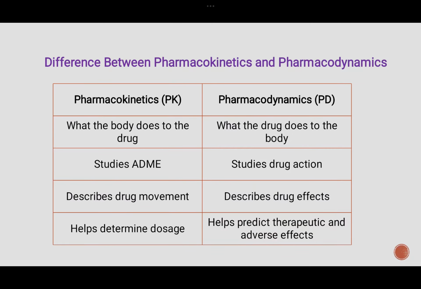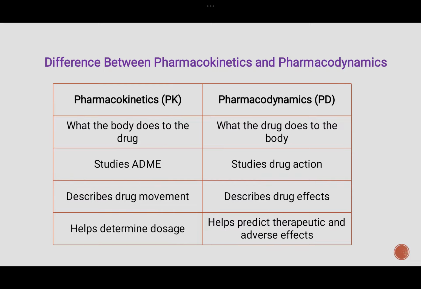Let us discuss what is the difference between pharmacokinetics and pharmacodynamics. Now let us compare both branches. Pharmacokinetics tells us about what the body does to the drug, while on the other hand, pharmacodynamics tells about what the drug does to the body.